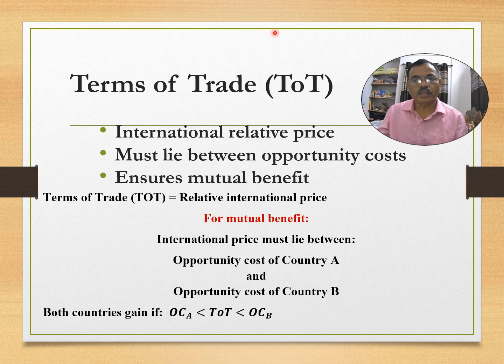If country A's opportunity cost of X is one unit of Y and country B's is 3 units of Y, then the international price must lie between 1 and 3. If the price lies outside this range, one country would not benefit.